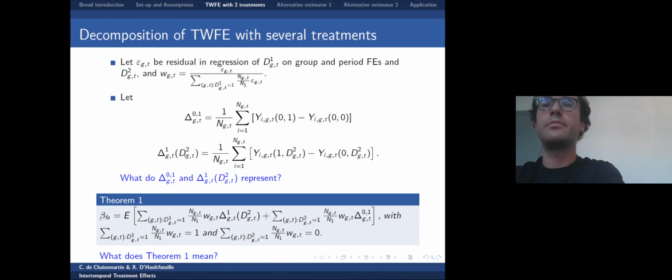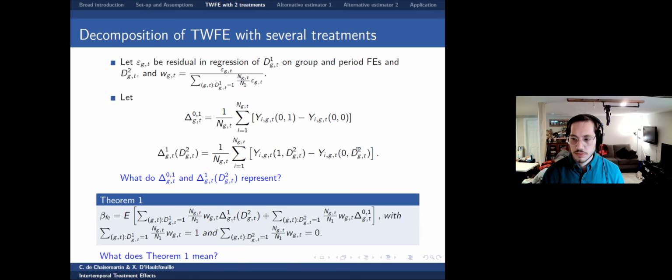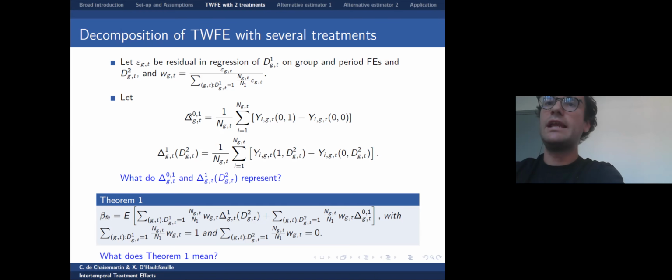Now, that one here is actually the effect of moving the first treatment from 0 to 1, so the effect of passing a medical law, while keeping the second treatment at its observed value. So that one here measures the effect of the second treatment on the outcome, while this one measures the effect of the first treatment on the outcome.